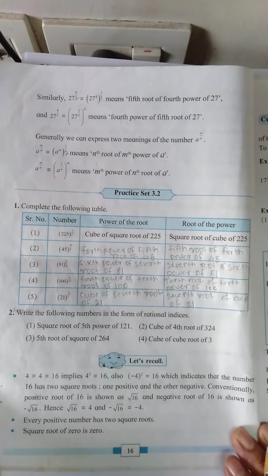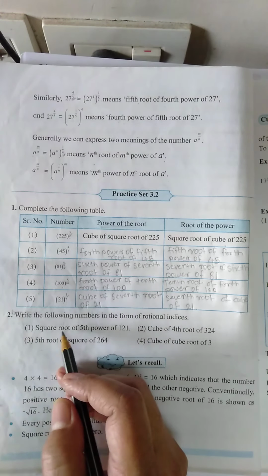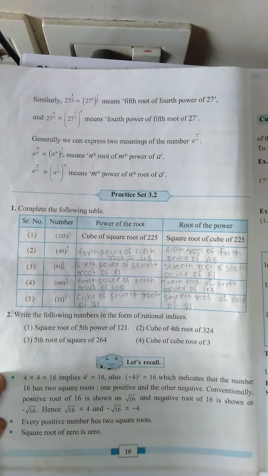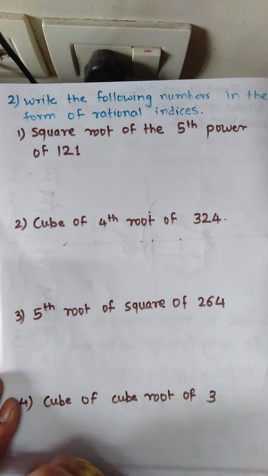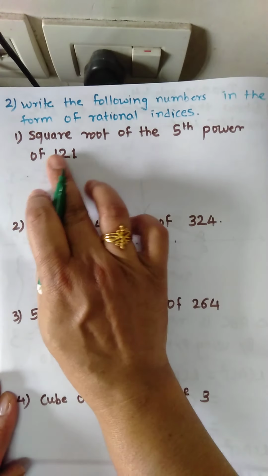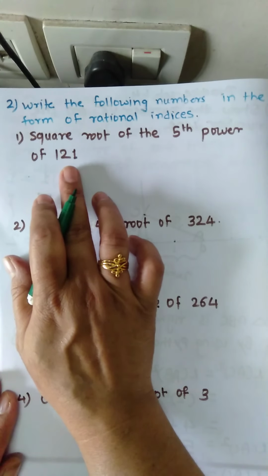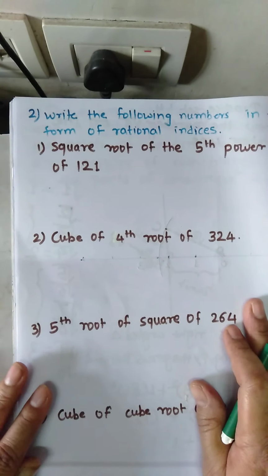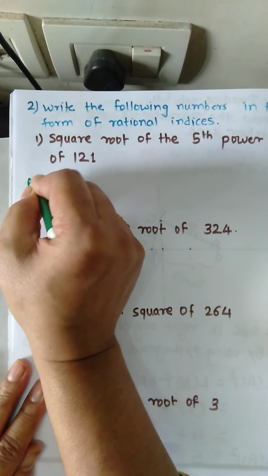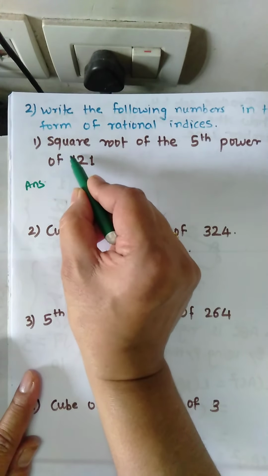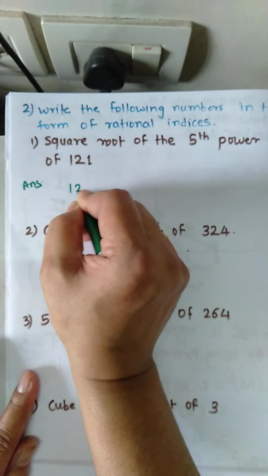Very simple. Now second question, write the following numbers in the form of rational indices. So the first question is the square root of the fifth power of 121. Firstly, write down the answer. What is the number here? 121.